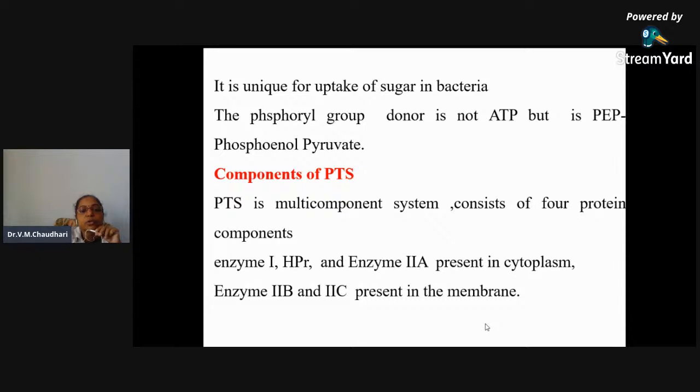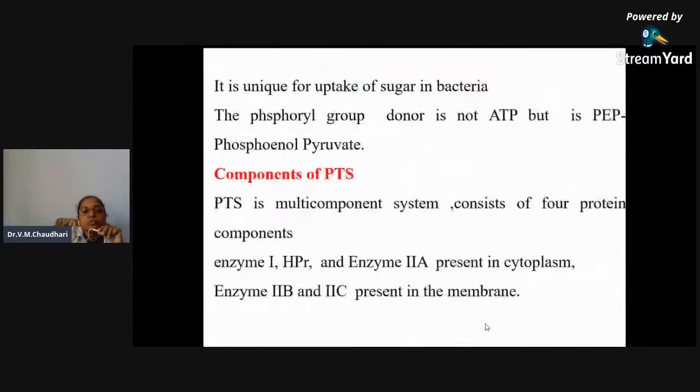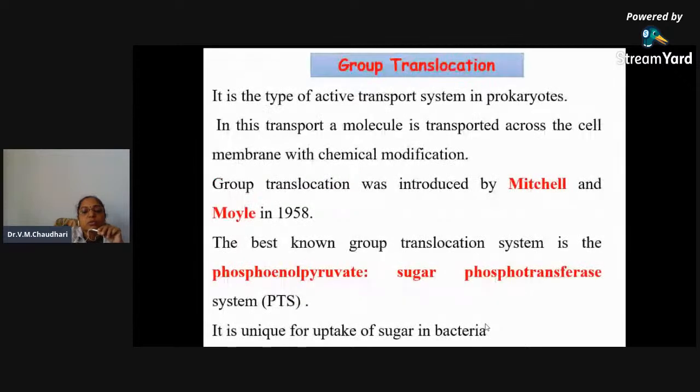Phosphoryl group donor, that means where does the phosphate group come from? Generally in reactions it comes from ATP. What is ATP? ATP is adenosine triphosphate. So this adenosine triphosphate donates the phosphate group generally in all metabolic reactions. But in this group translocation by the phosphoenol pyruvate system, phosphoenol pyruvate acts as a phosphoryl group donor for the transport of sugar.